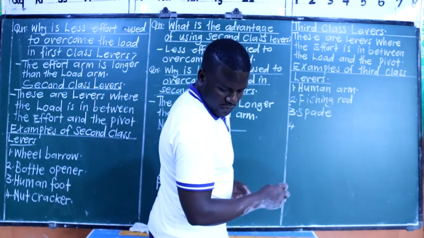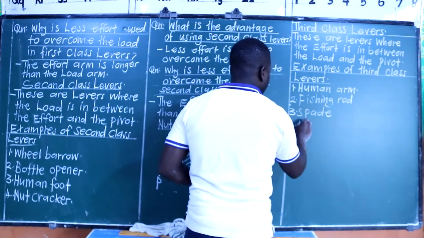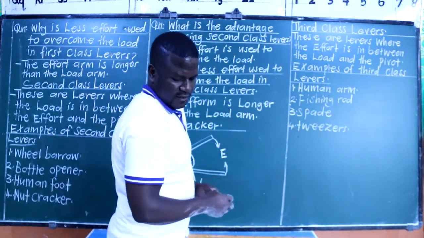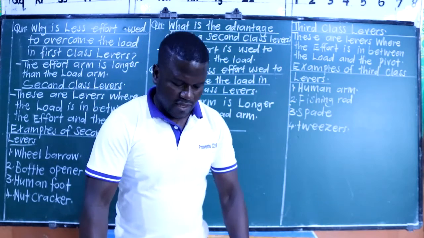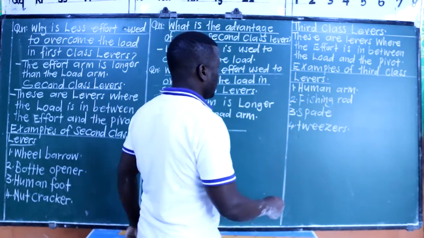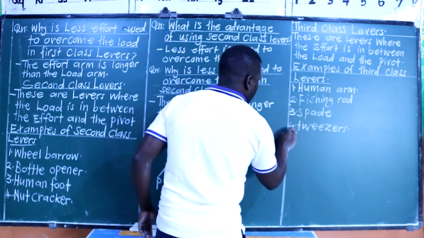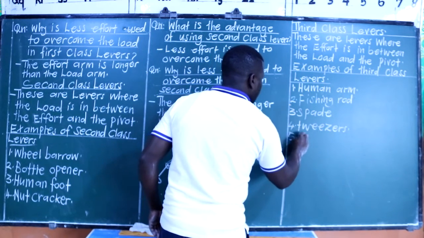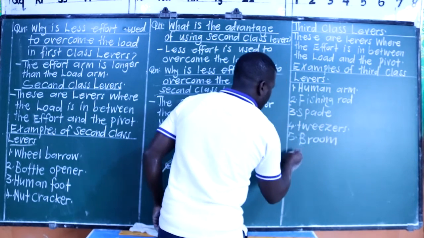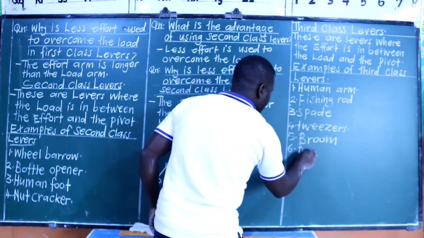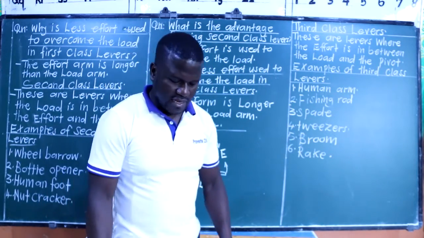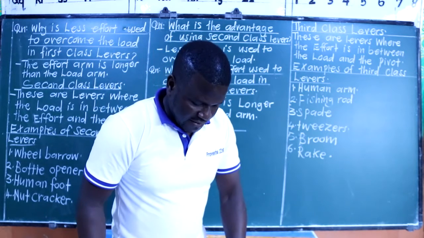We have tweezers. Tweezers are under third class levers, including a broom, a rake, all those. They are under third class levers.